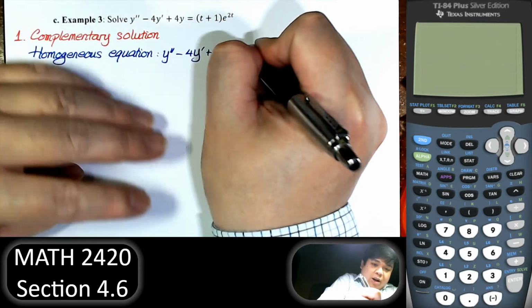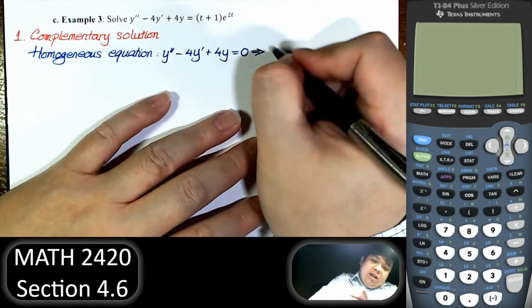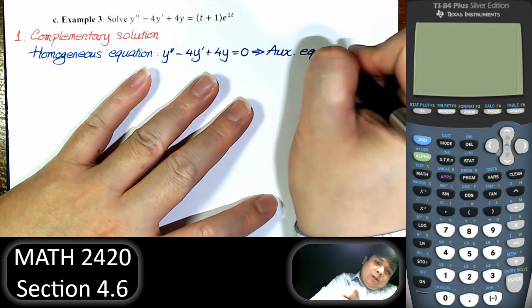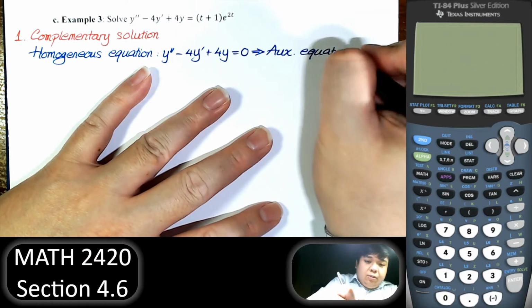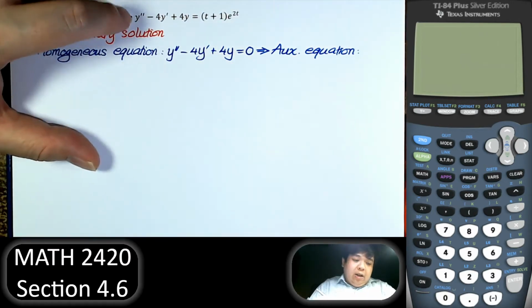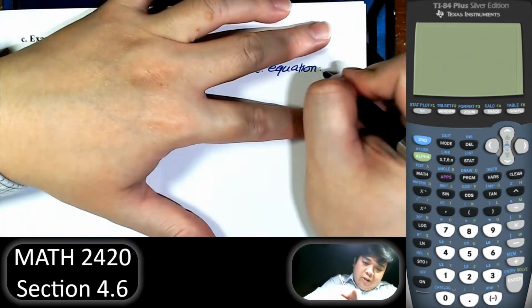Homogeneous equation is when that equal to 0, and then we can get the auxiliary equation, which is r squared minus 4r plus 4 equal to 0.